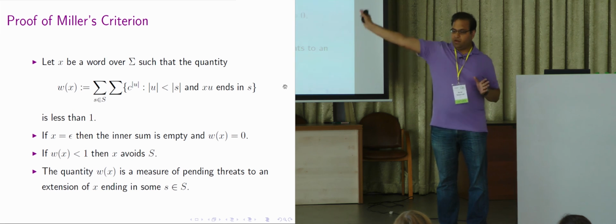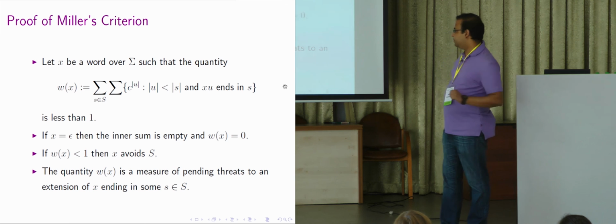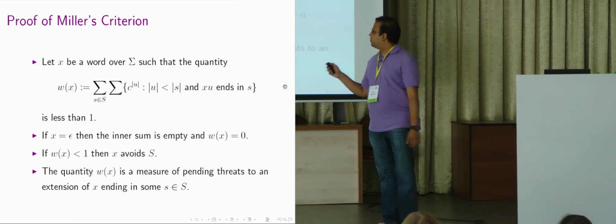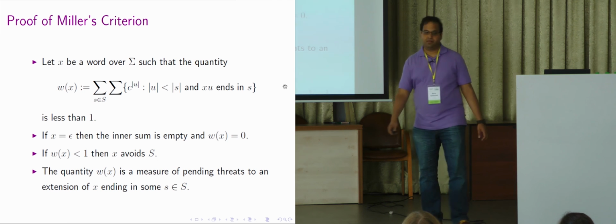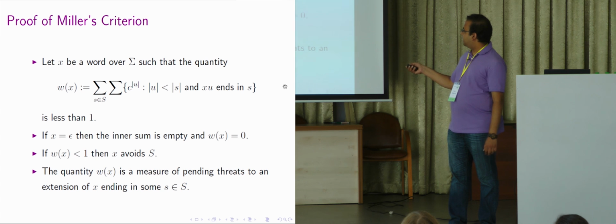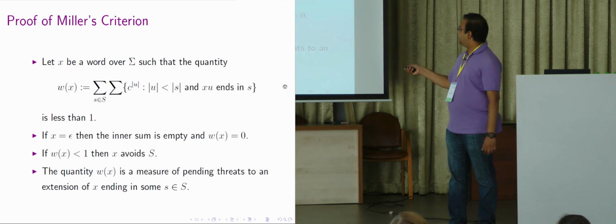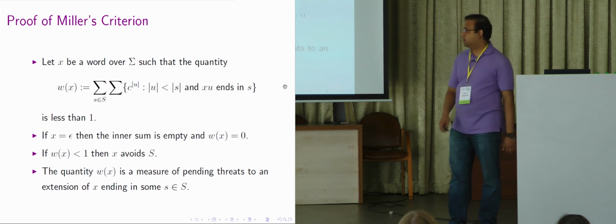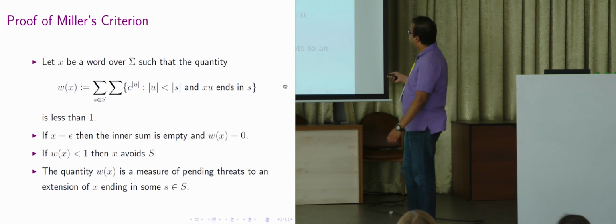Now, my goal is to build an infinite word avoiding this set S. So I'm going to start with the word x, and suppose that x has the property that this complicated looking sum is less than 1. So what does the sum mean?